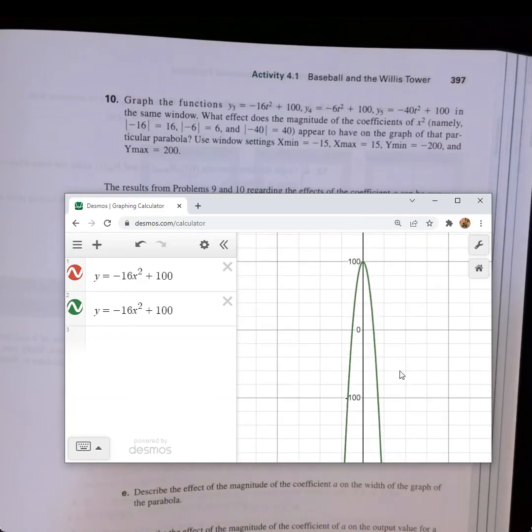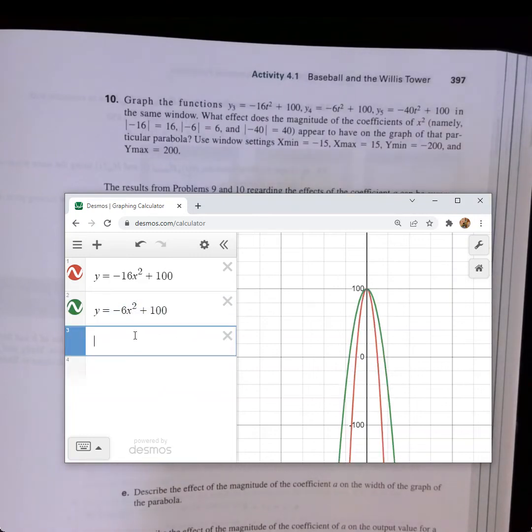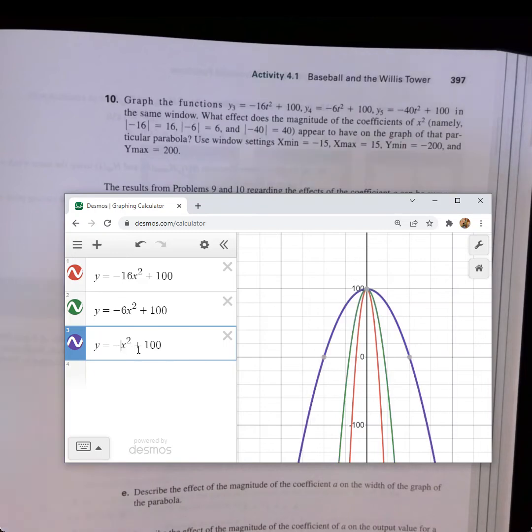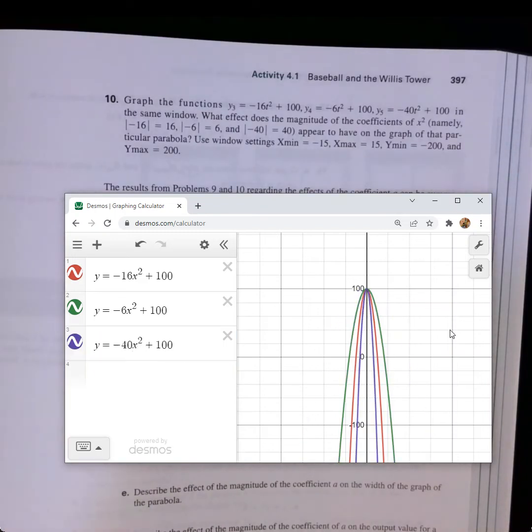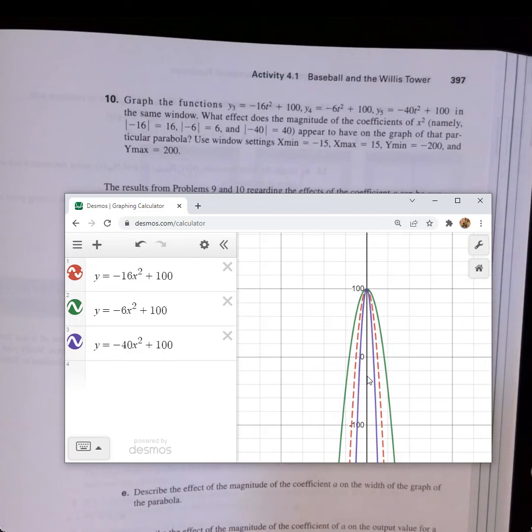Okay, good enough. So I want one of them to have a negative 16, one of them to have a negative 6, and the third one to have a negative 40. Okay. So I'm going to make the original one dashed just to make it easier to see which one it is. So the original one with a negative 16 is dashed.